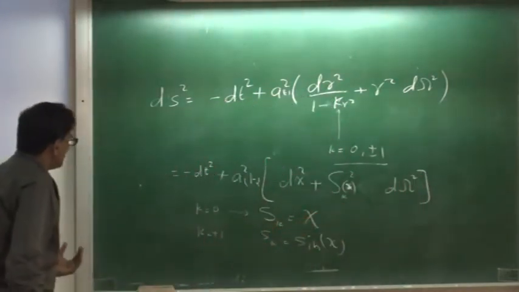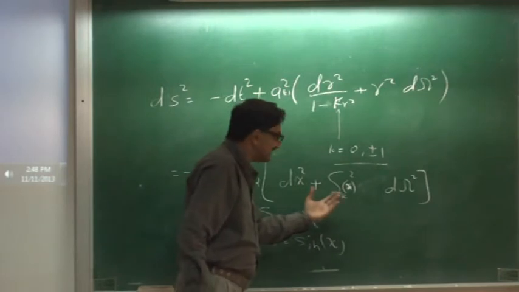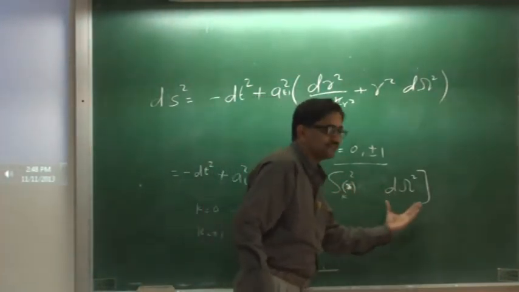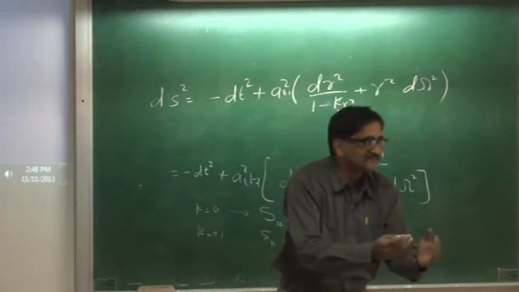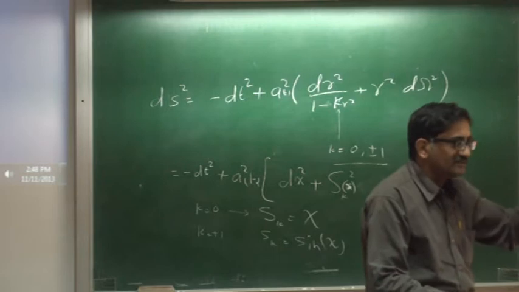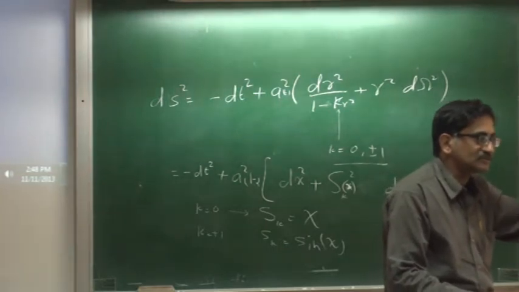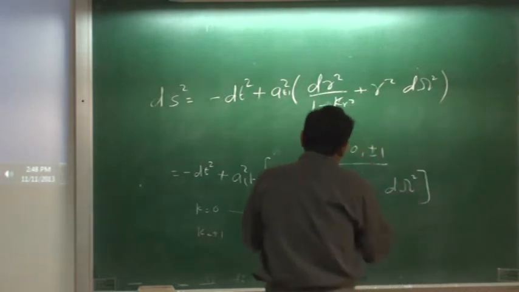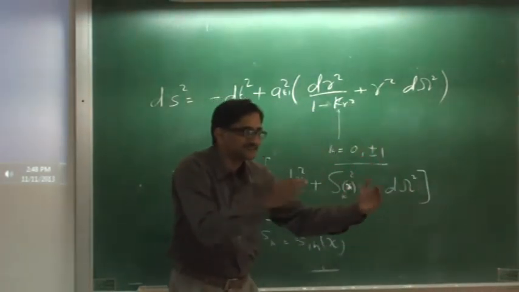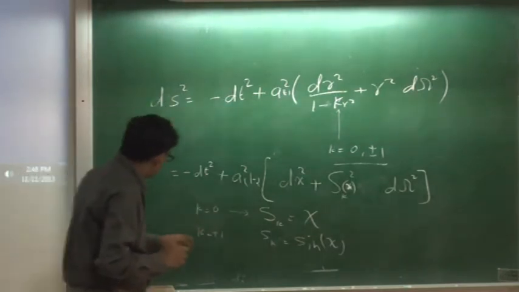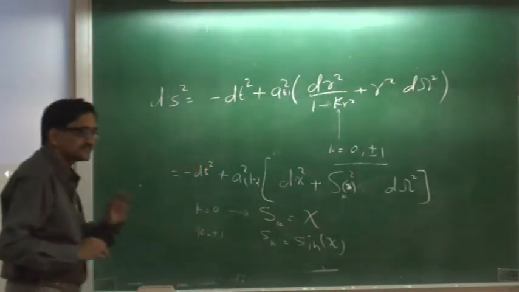Just like for a given chi, this refers to the surface of a sphere, because for a given chi it is chi square d theta square plus chi square sine square theta d phi square. So like that, this thing refers to a kind of a hypersphere because the structure is exactly the same. And these are called positive curvature surfaces.